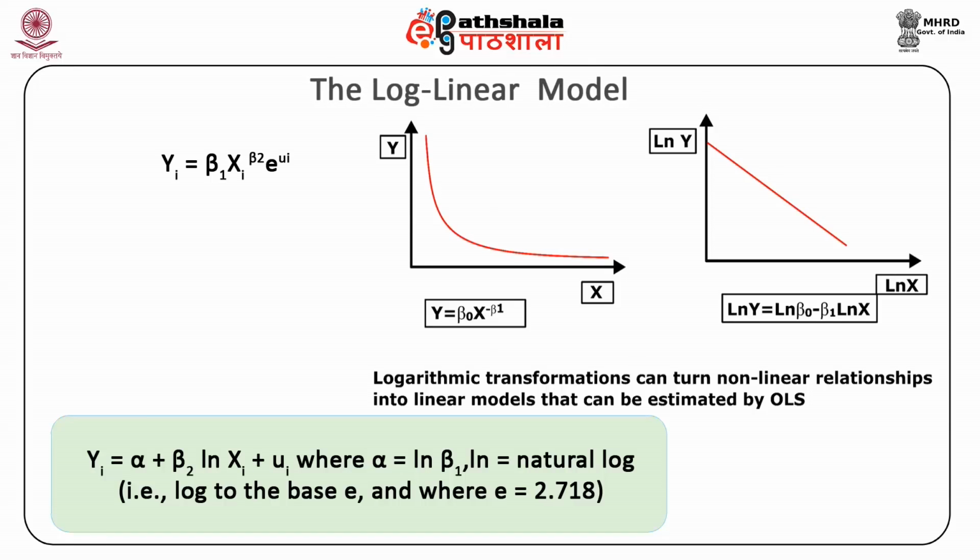If the assumptions of the classical linear regression model are fulfilled, the parameters can be estimated by the OLS method. You can see this in your diagrams, where we have the diagram for linear estimation, a straight line, and the curve for the exponential distribution.